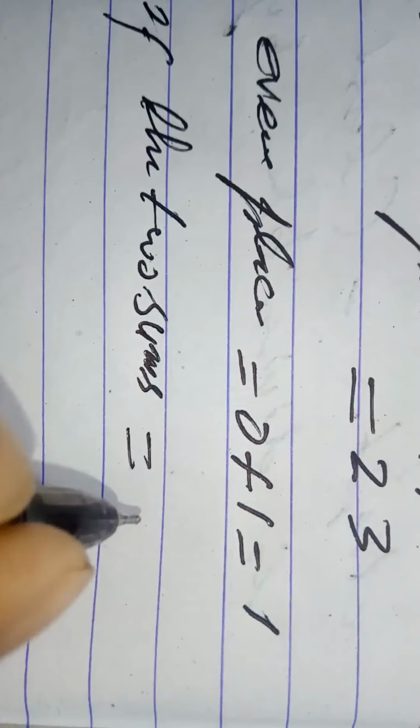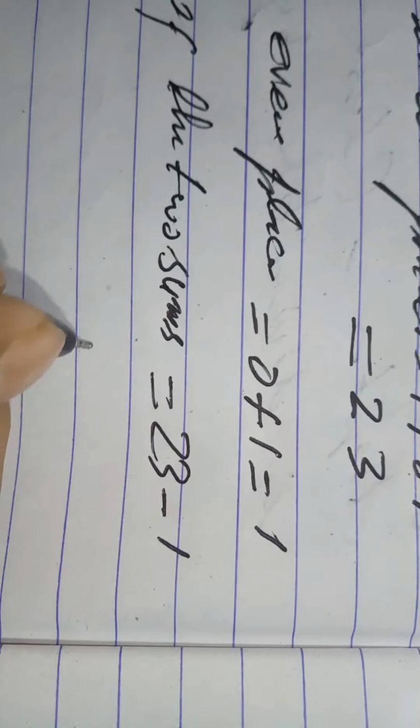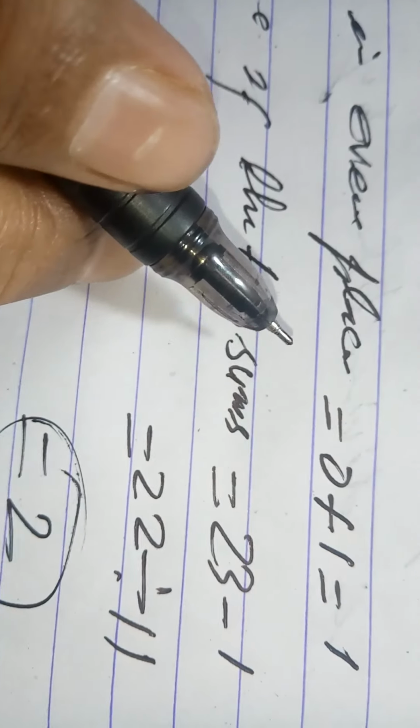So the difference of the two sums equals 23 minus 1 equals 22, which is divisible by 11. 11 twos are 22. So the number 61,809 is divisible by 11.